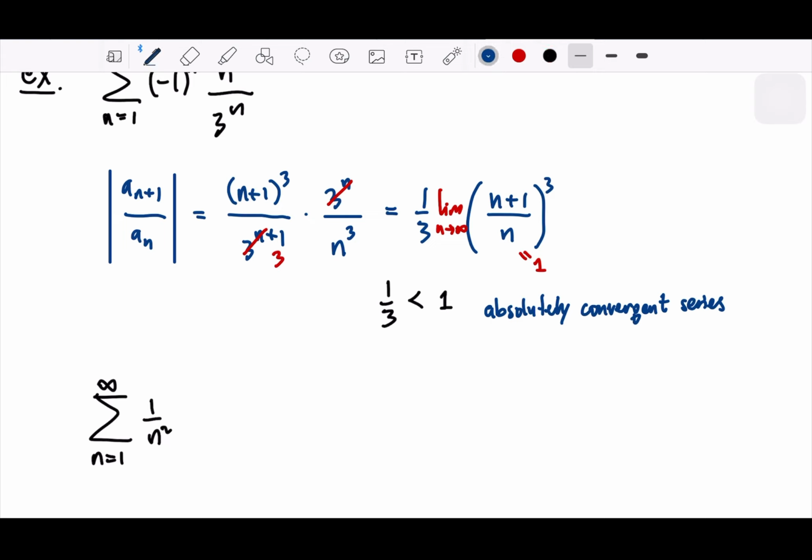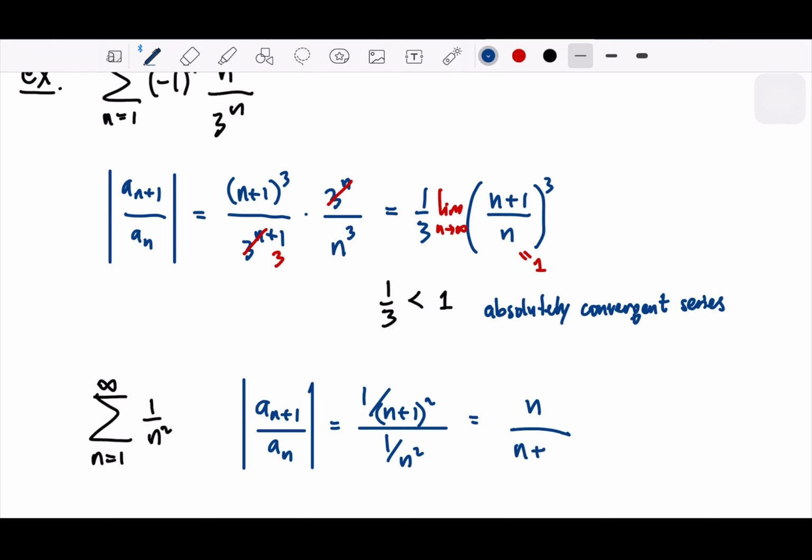If we take the ratio test, this becomes n over n+1 and then squared.